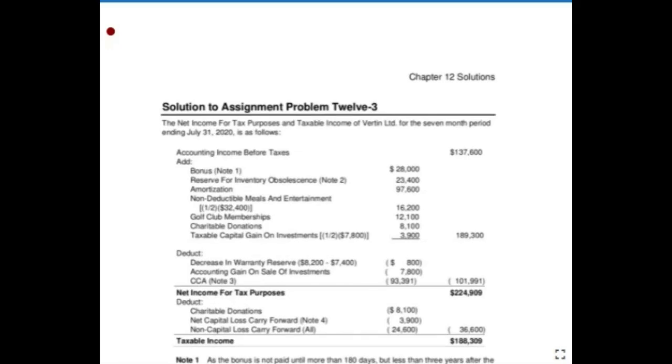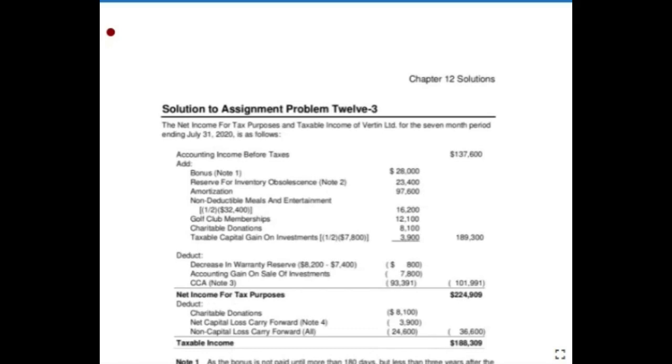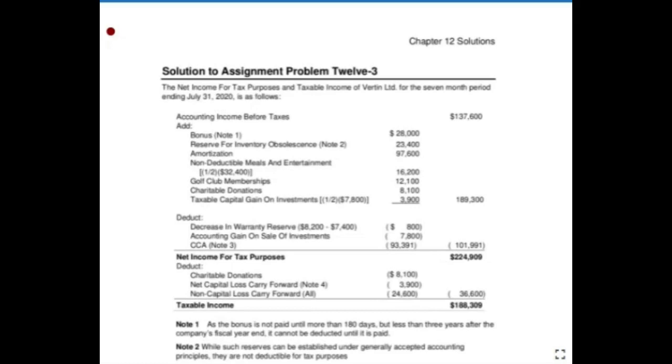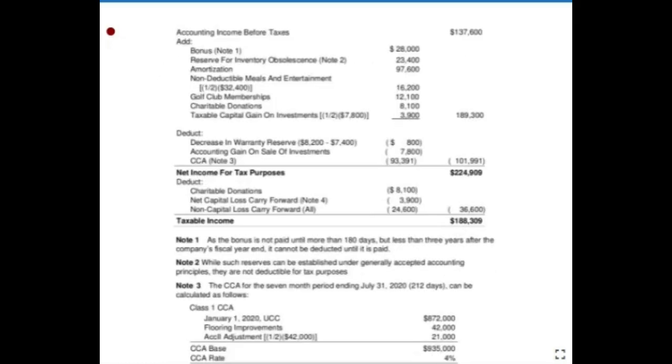You guys might remember there was some rules around bonuses back in tax 1. So some of that stuff's going to pop back in, rear its ugly head again. Hopefully, if you remember, or it can refresh back from tax 1. We are building on our knowledge. That's stuff that we learned back in chapter 5, chapter 6 about business income, CCA.